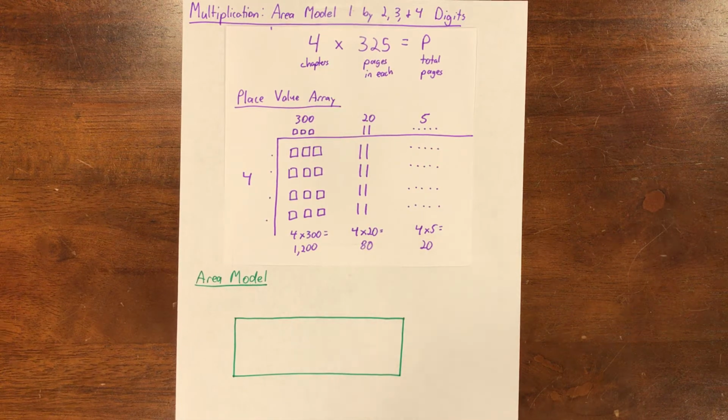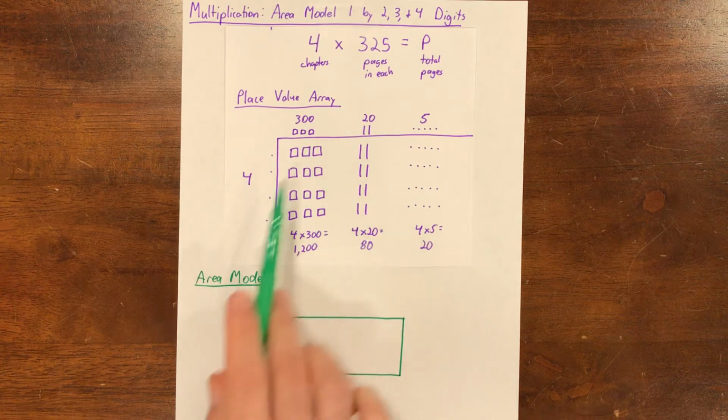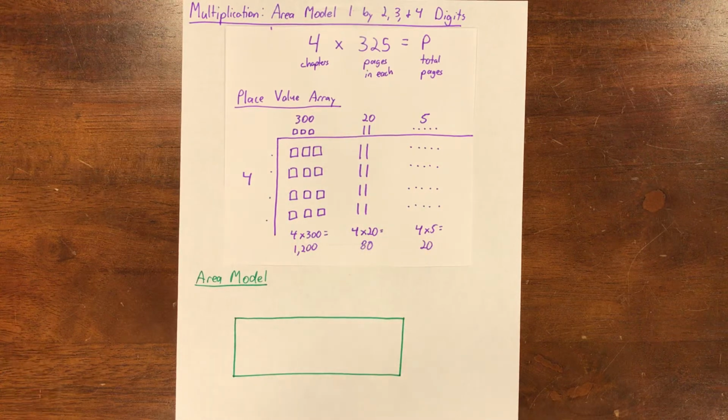All right, we probably can't do 4 times 325 in our head. So how could we take advantage of place value and partial products in order to find the area of our rectangle? Think about what we did with our place value array up here. Go ahead and say out loud what you think we should do to get started finding the area of this rectangle.